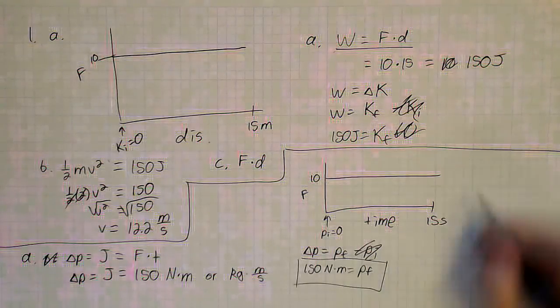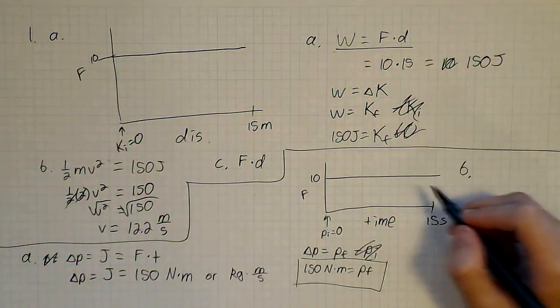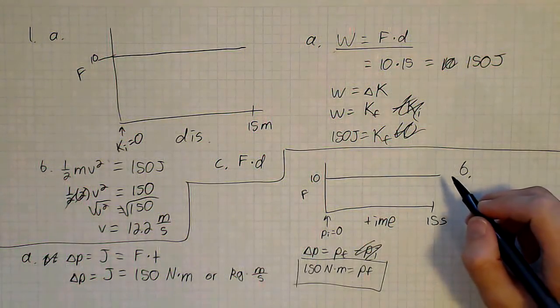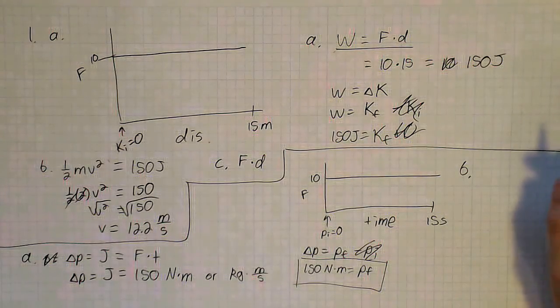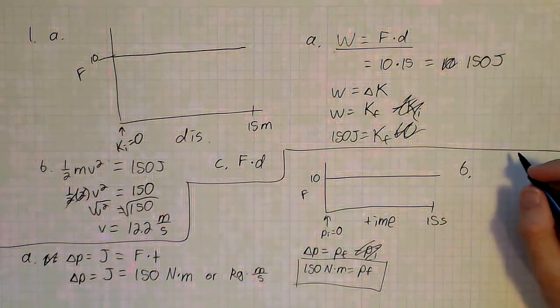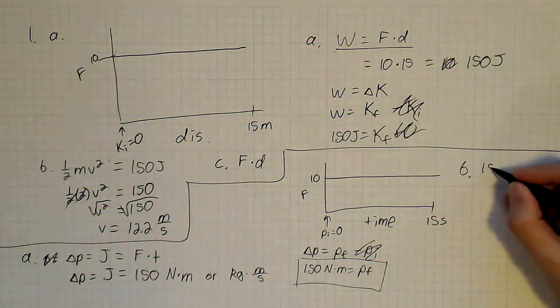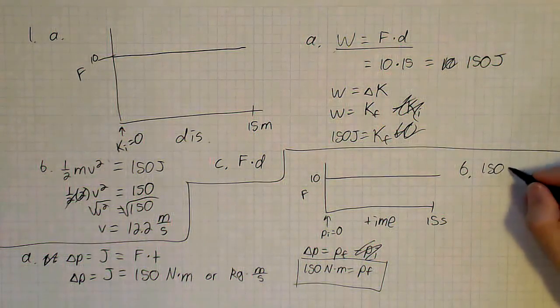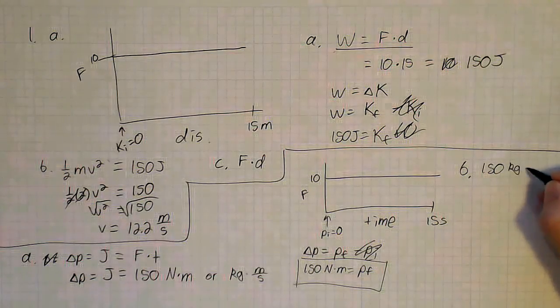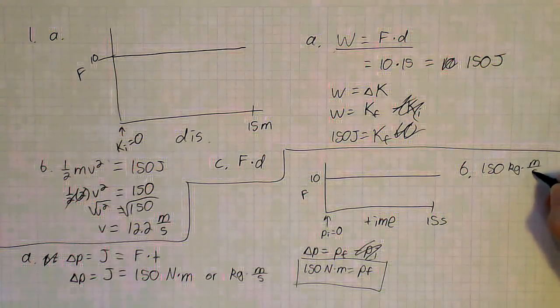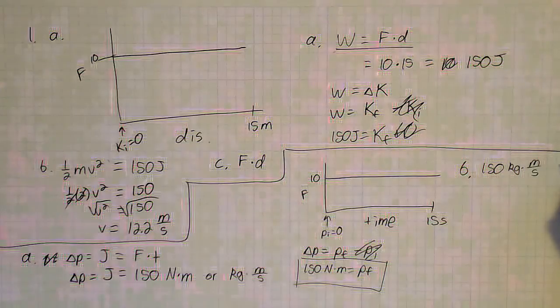So that's part A. Now part B is asking, determine the velocity of the object after 15 seconds. Okay, so we know that it has a momentum at 15 seconds of 150. I'm going to write the units a little differently to make it easier. Kilograms times meters per second, which is equal to the momentum at that point.